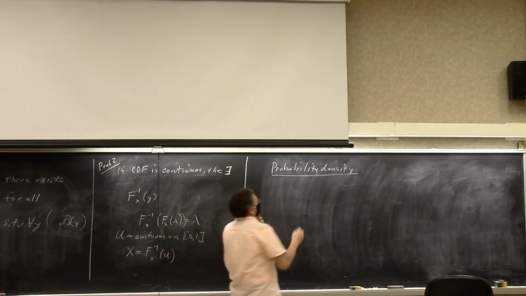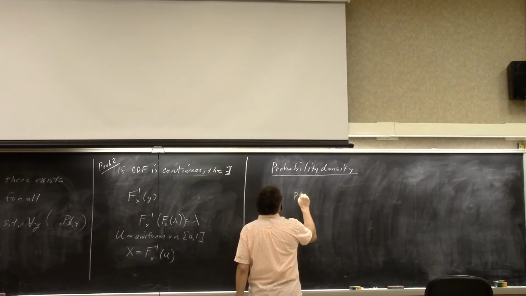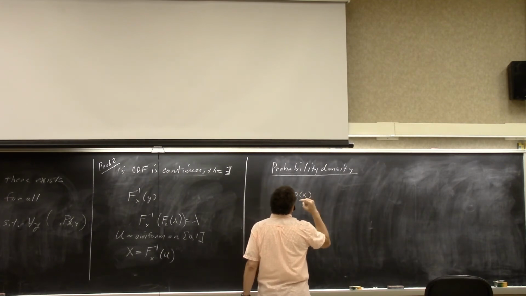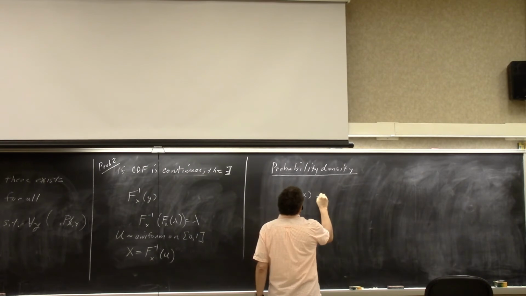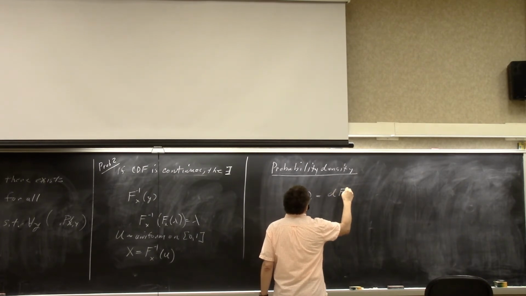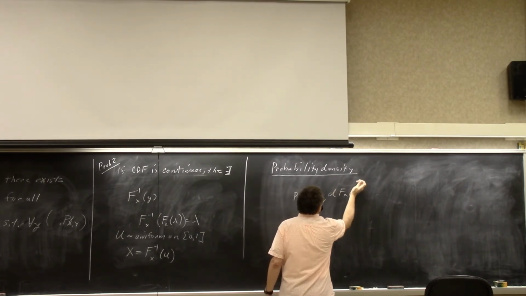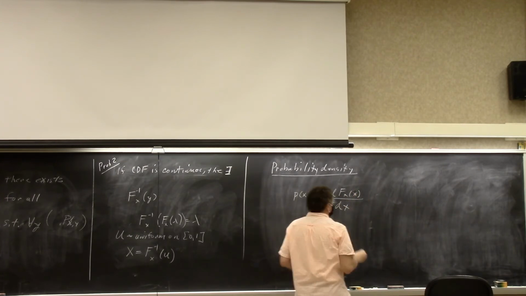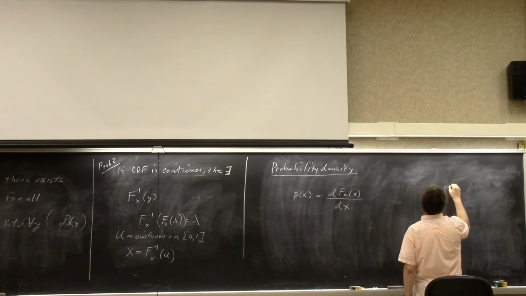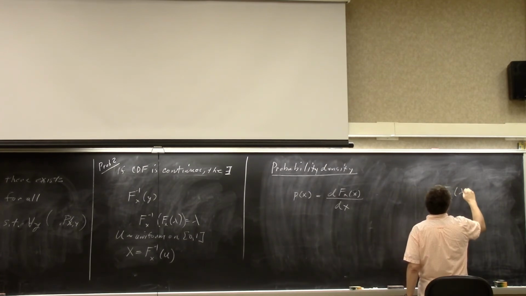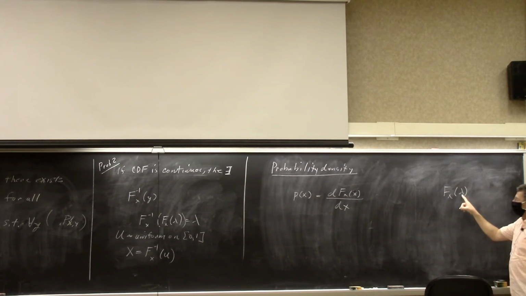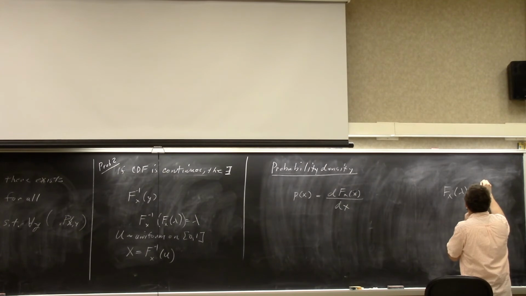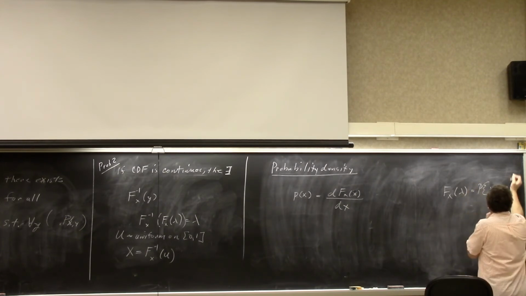Now the probability density, p of x, okay? The idea is that this is supposed to be the derivative of the cumulative distribution. First of all, I have to make a little side trip here, and I wrote F_X of lambda. I put a lambda here because this thing is the probability that X is less than or equal to lambda, right?